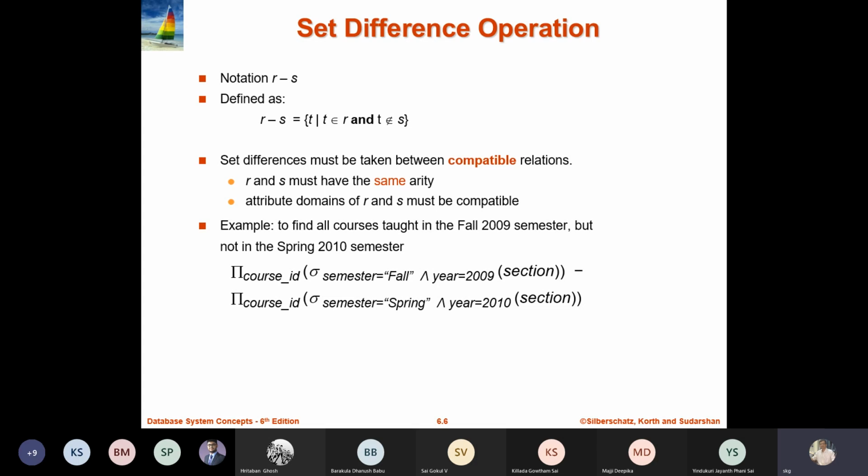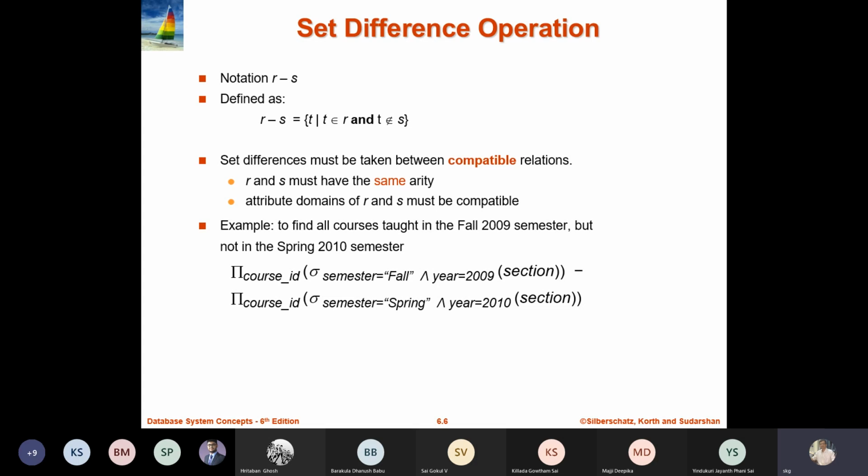For example, to find all courses taught in the fall 2009 semester but not in the spring 2010 semester: course ID where semester is fall and year 2009 in the section, minus course ID where semester is spring in the section.